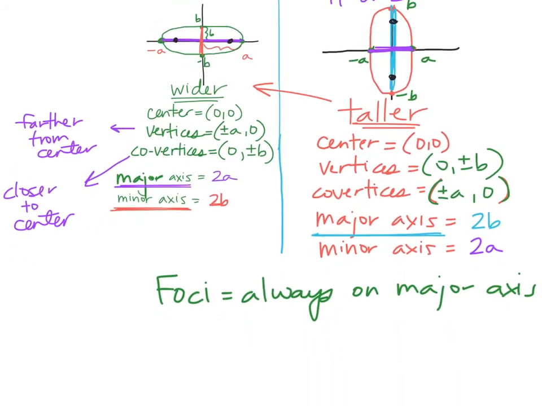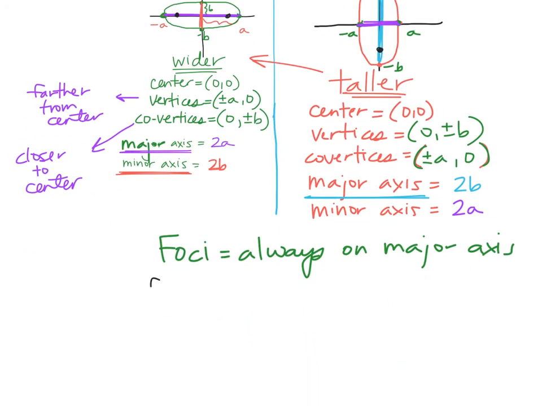What you need to keep in mind, and we've kind of talked about this before with circles, is that from the foci to the center of the ellipse is a length of c.